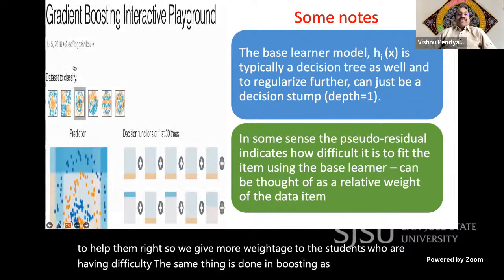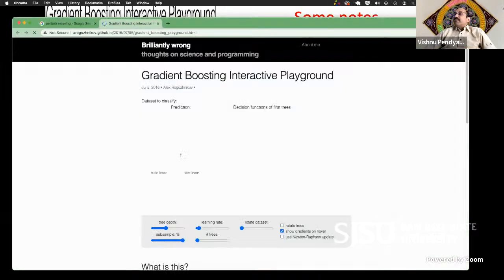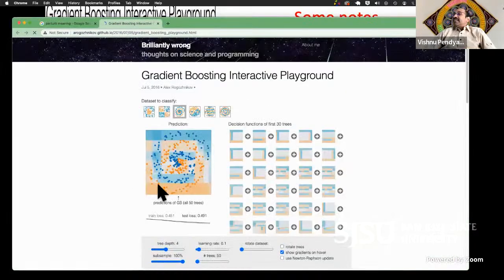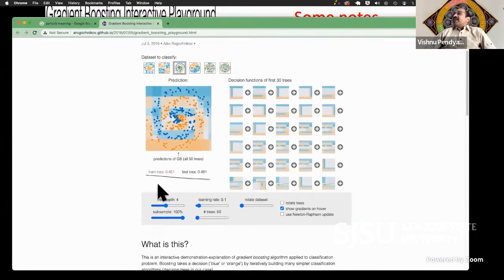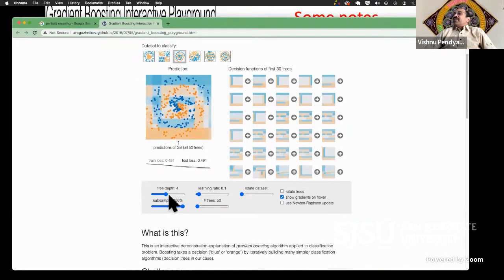So there's a nice playground for gradient boosting, which I thought I will show you. You can choose the depth. If you choose the depth as 4, you get this complex decision boundary. This is a classification problem, though we discussed boosting in terms of regression. Here, this example is for classification. We want to classify the blue points from the orange points.